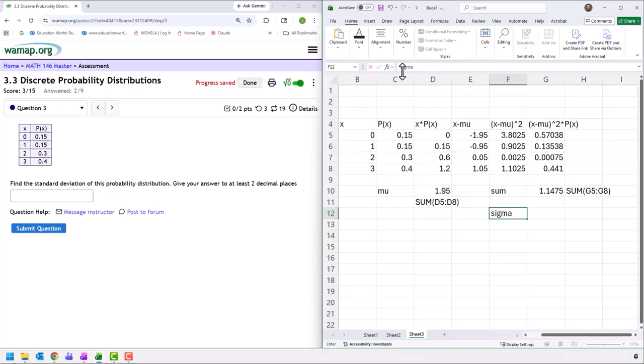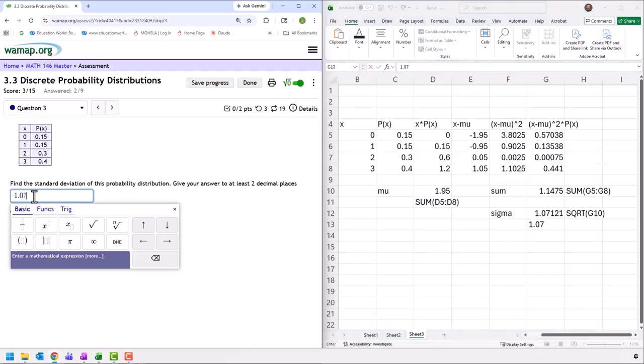And so sigma, the standard deviation, is the square root of this sum right here. And we'll round this to 2 decimal places. Again, going against some of the rules I gave you the other day. 1.07.